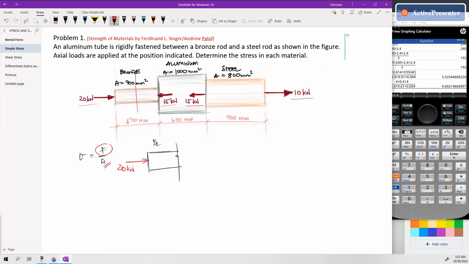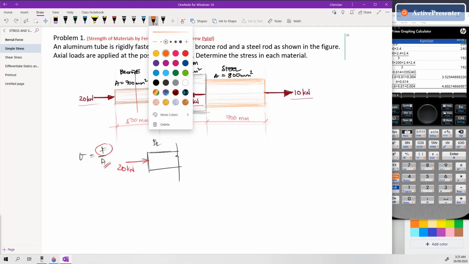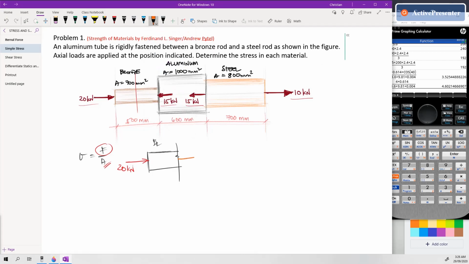Okay. Then, yung internal force acting dito sa ating bronze is obviously will be pointing towards the opposite direction. Okay, so tawagin natin tong force P sub B para sa bronze.